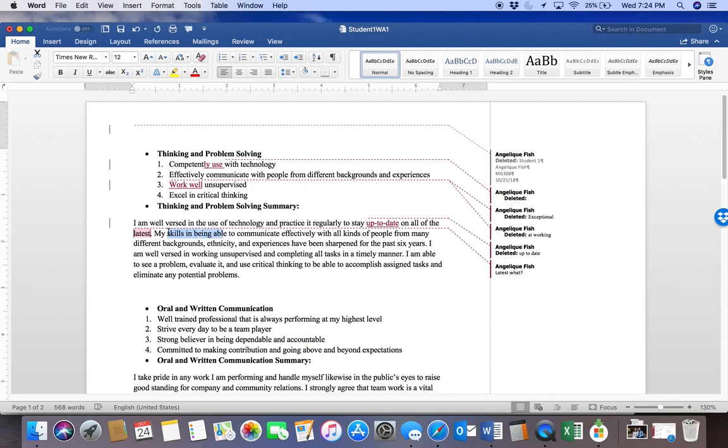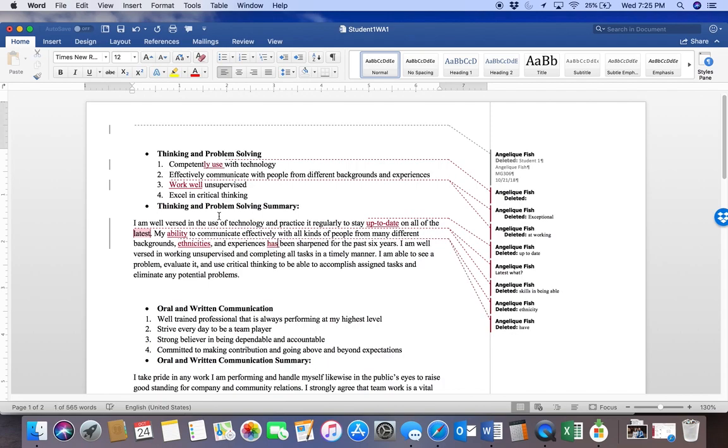We can get rid of 4 words, my ability, and this I'm just thinking off the fly here, so there might be a better way to word it, but my ability to communicate effectively with all kinds of people from many different backgrounds, ethnicities, and experiences has, because now we say my ability, which is singular, so we need a singular verb, has been sharpened for the past 6 years.